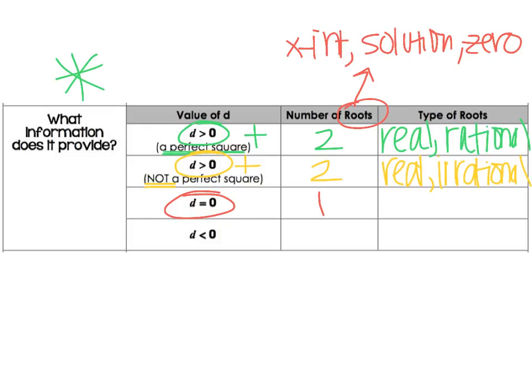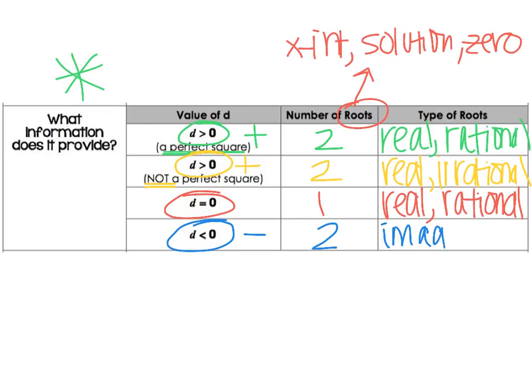So there's going to be 1 solution if the discriminant is 0, and it's going to be real and rational. And last but not least, if the discriminant is less than 0, if it's negative, that tells us that there's going to be 2 roots, and they are going to be imaginary.